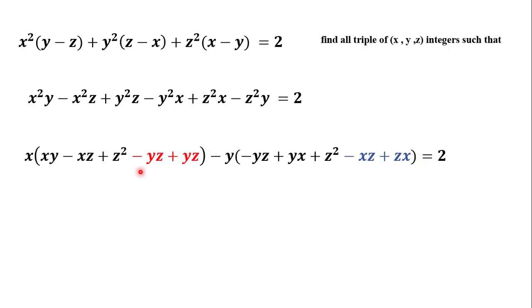Notice that we add minus yz to the first parenthesis. We need to add plus yz to our parenthesis, also plus zx to the second parenthesis, because we don't want to change our variables.